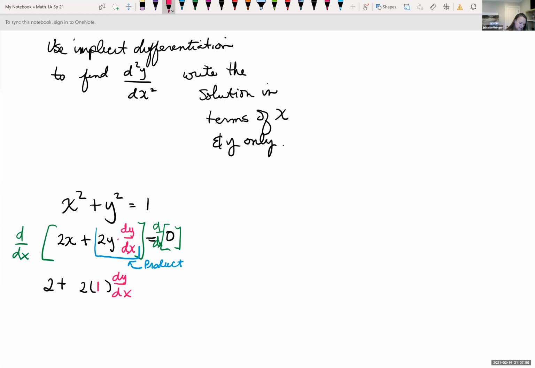So it's times this dy dx. And then we have this plus our 2y. Is that right? I'm not sure if I'm doing this right. Times the derivative, well, the derivative of dy dx is our second derivative. So d squared y dx squared is equal to, the derivative of 0 is still 0.